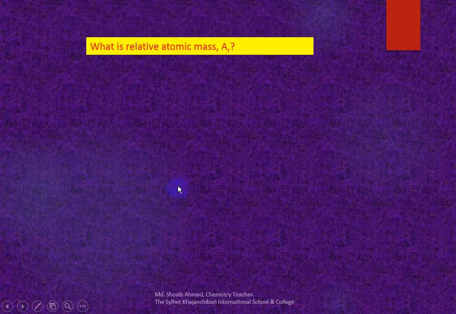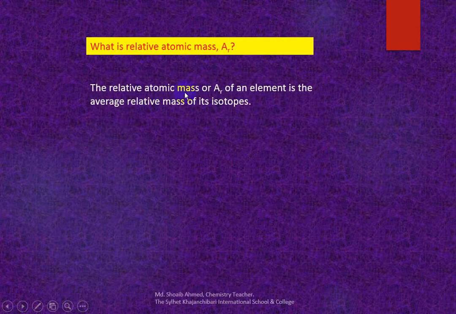This is the relative atomic mass, expressed by Ar. What is relative atomic mass? The relative atomic mass Ar of an element is the average relative mass of its isotopes.